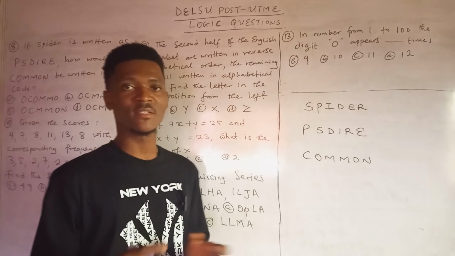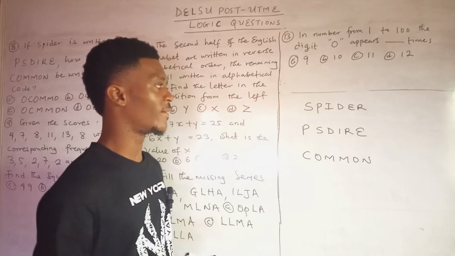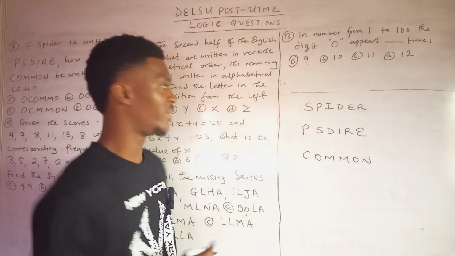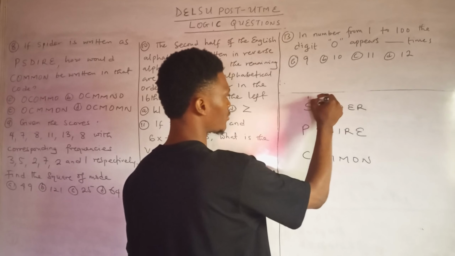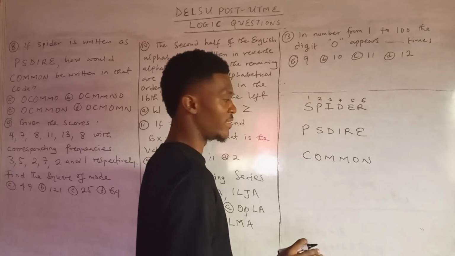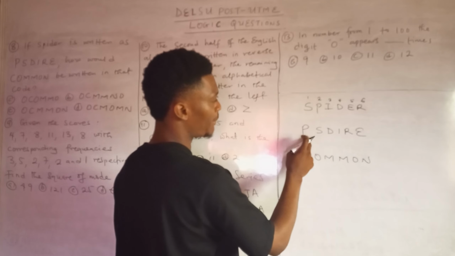So in order for me to make this very easy to understand, we can actually give numbers to this spider, like numbering in the normal order of numbering. That is 1, 2, 3, 4, 5, 6. It makes the work very easy. Then for this one, where do you have the position P?